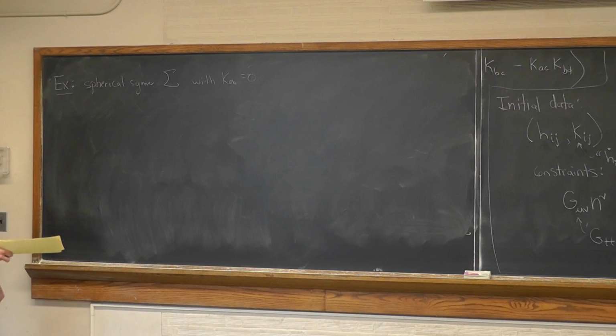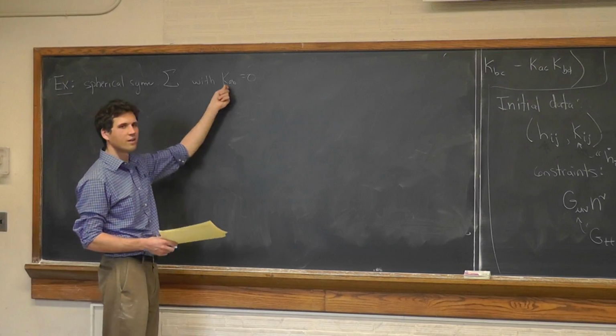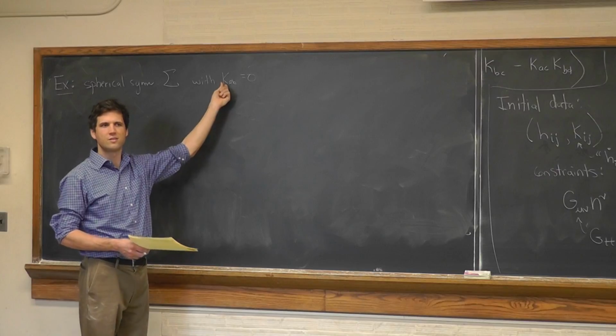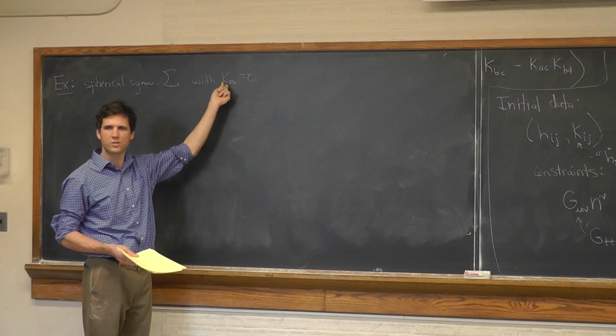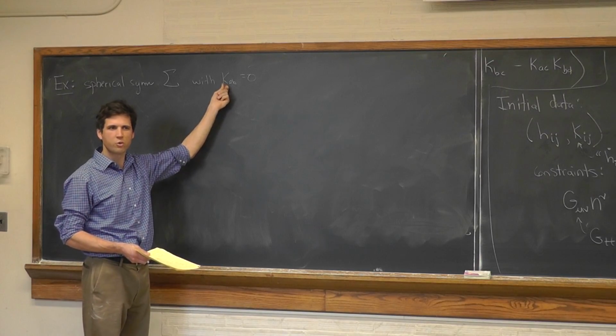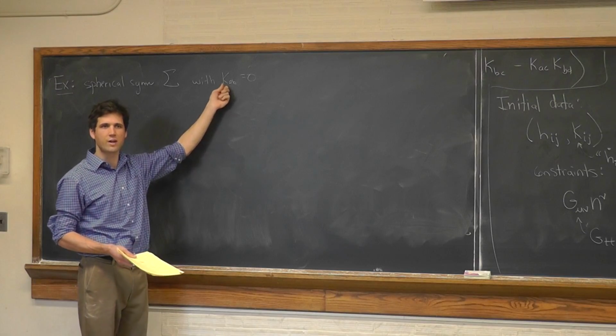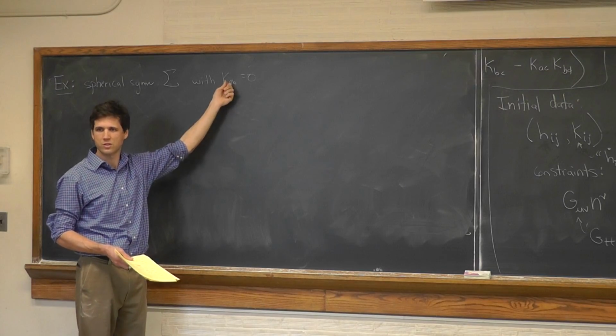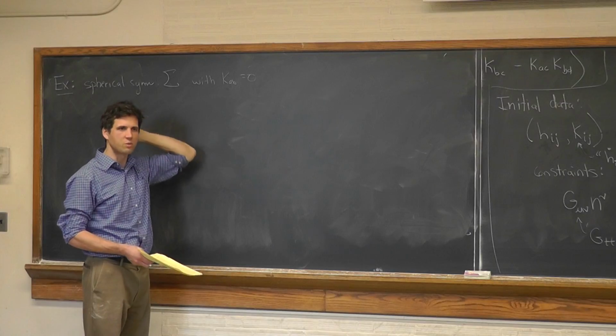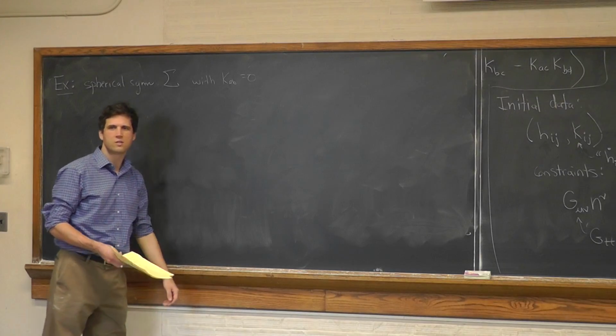In the book of Poisson, this is called a moment of time symmetry. The reason for that is because this is like saying that H dot, the time variation of H on this surface, is 0. It could be that you're in a static spacetime. If you're in a static spacetime, you can always find a slicing where this is 0. Or it could just be that you're instantaneously static.